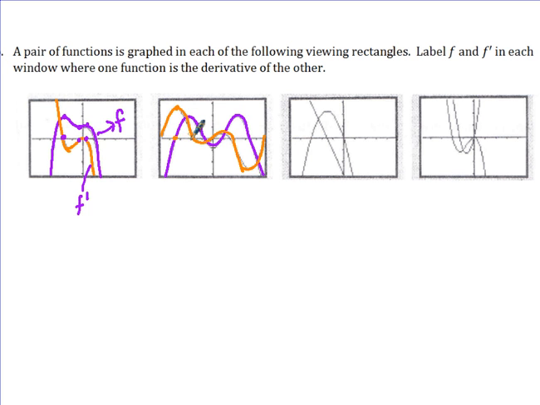If I continue on the orange graph, I have another minimum point right here, which again corresponds to a 0 on the purple graph. I continue to this point where I have a maximum corresponding to a 0 on the purple graph, and finally a minimum, which again does correspond to a 0 on the purple graph.